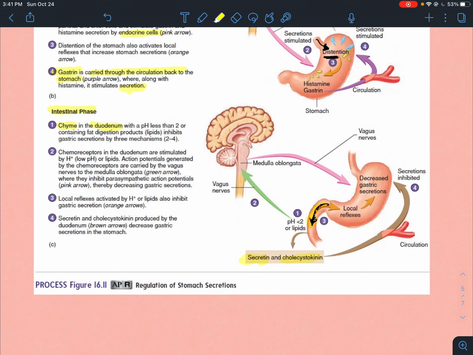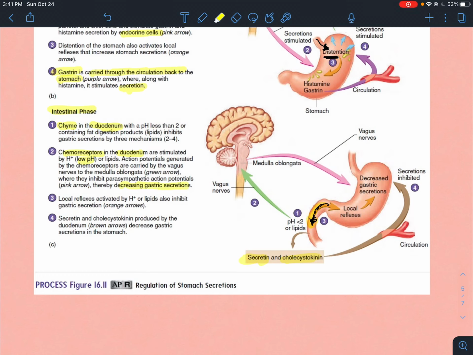Notice it says that chemoreceptors in the duodenum are stimulated by this low pH from the chyme that's coming out of the stomach. And what we want to do now is decrease the gastric secretions.